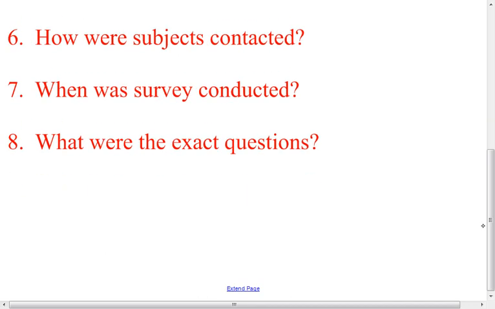And then you want to know what the exact questions asked were. Here's an example of that. You want to word it in a way that it is not biased. So if I said something to you like, do you believe gay marriage should be legal?